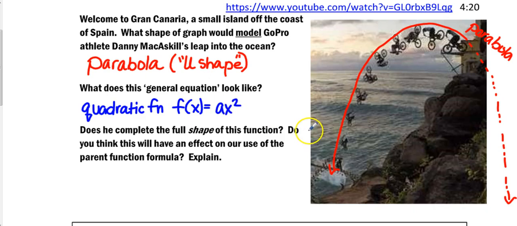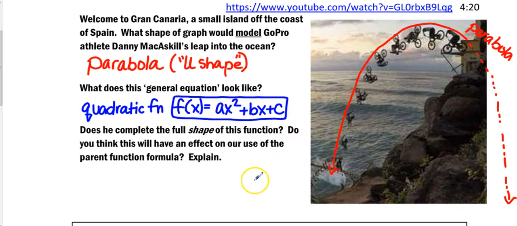Ax squared is how it starts. Can you finish it? I'm hoping next that we are going to write ax squared plus bx plus c. That's my general quadratic function equation.